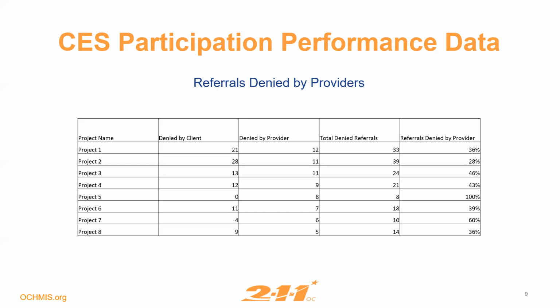Is the provider incorrectly denying people, or whatever the case may be? The denials by client mean the client said for whatever reason they don't want to be served, so that would not be held against the provider. But I was thinking we might want to start looking at the percentage of denials that the provider initiated, and why.